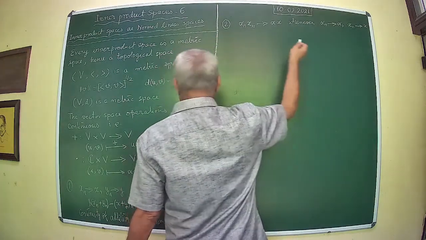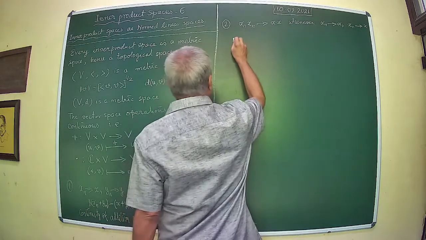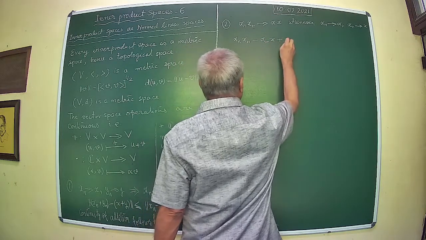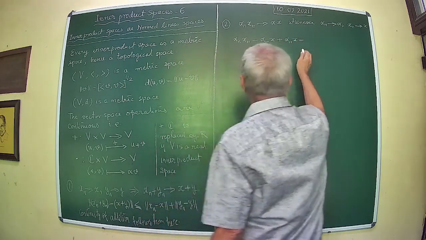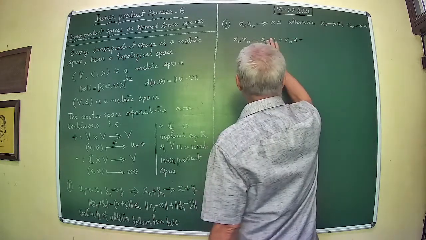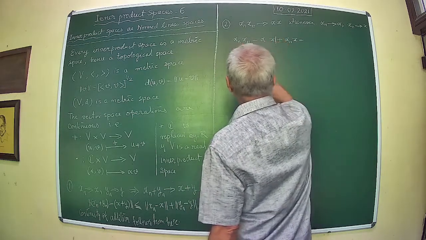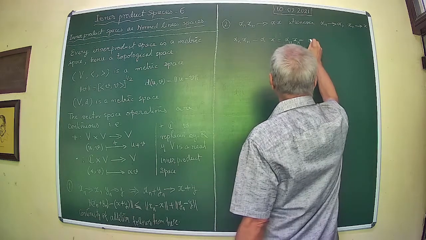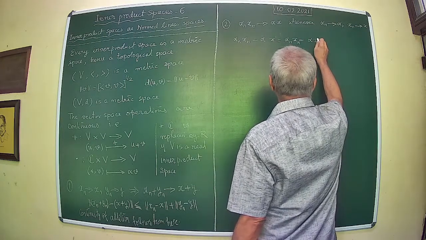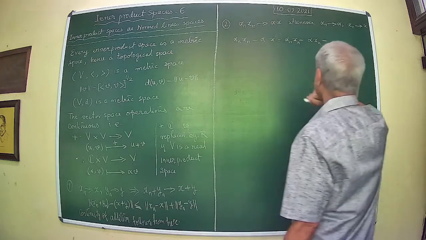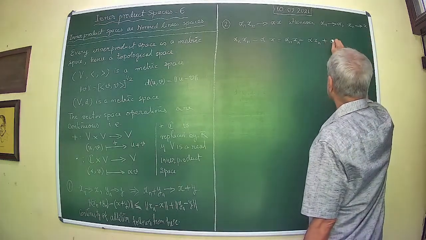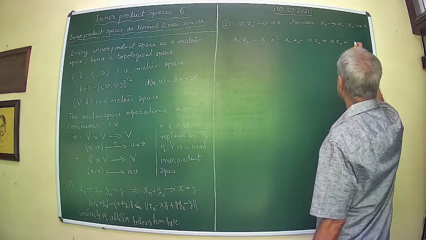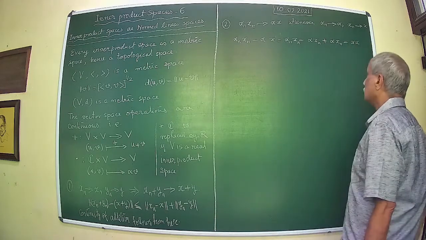You add and subtract a few terms and then estimate it. So you have got alpha n xn, estimate this.